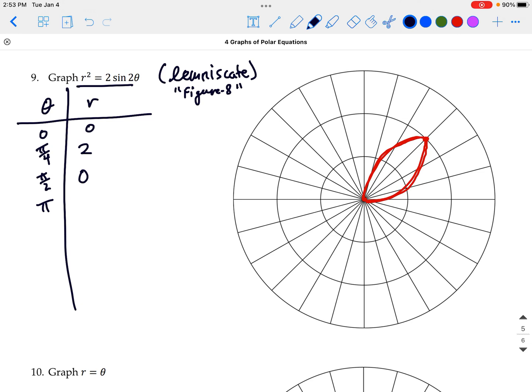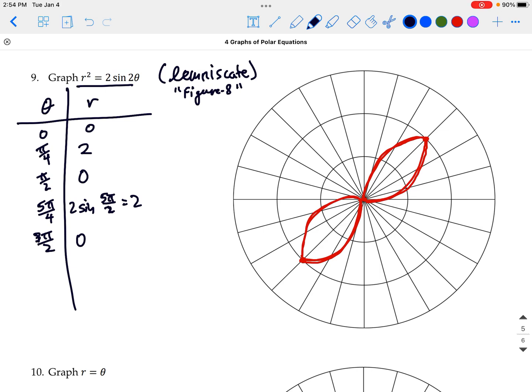If we go to pi, that will just give us 0. But 5 pi over 4 will give us 2 sine of 5 pi over 2, which is positive 2 again. So that means that at 5 pi over 4, we're going to get a very similar shape here. And then we could plot 3 pi over 2, which is going to give us 0 again.